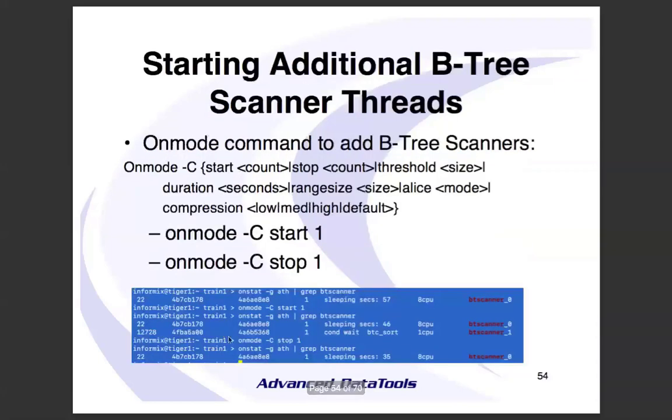Now, without changing your onconfig, you can use onmode -C start 1 to start another B-tree scanner. Then you could do onmode -C stop 1 to stop that scanner. Don't stop one if you only have one, because that means you'll have no scanners running, and that can be a real problem.